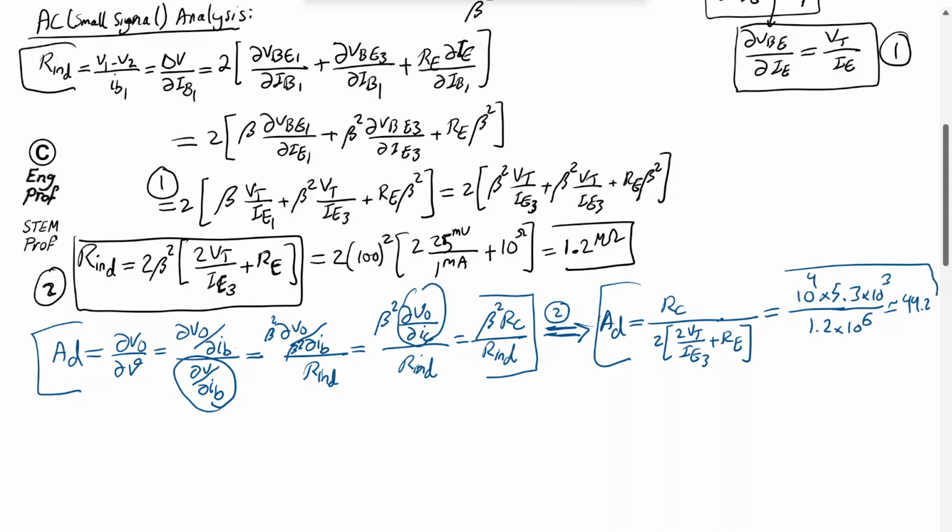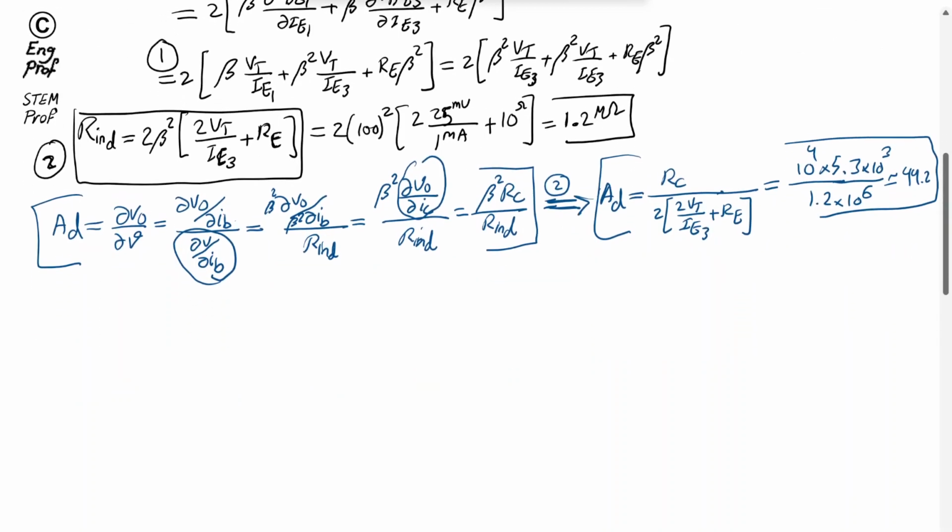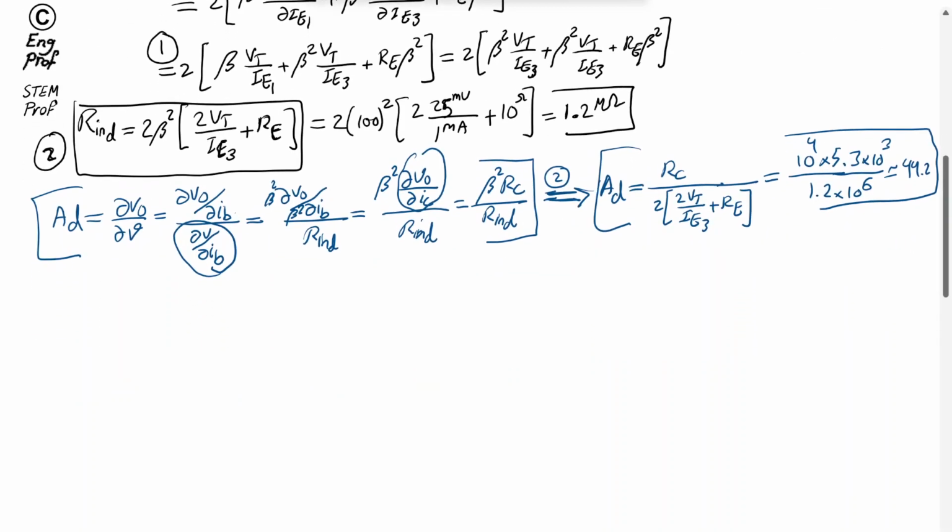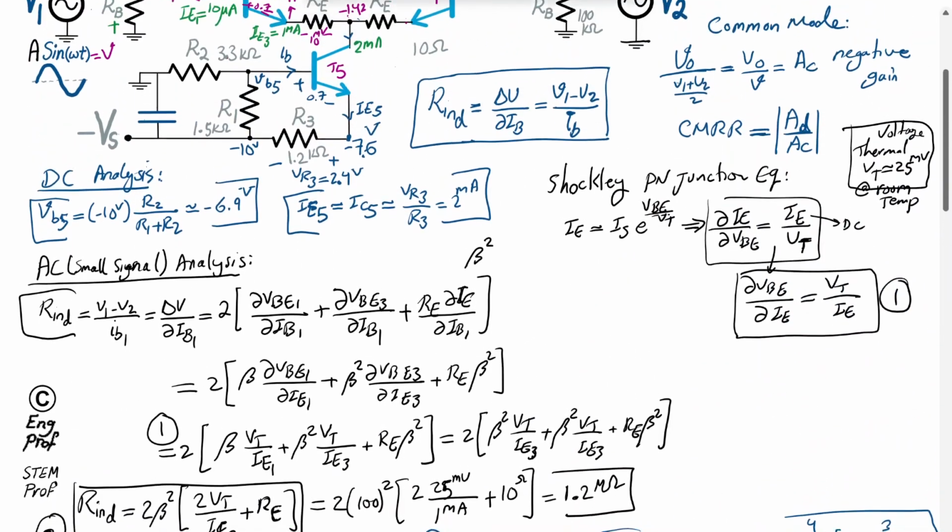There you go. Okay, so what about the voltage gain for the common mode? So this is differential mode. What about the common mode voltage gain, AC? Well, that is as was briefly mentioned.